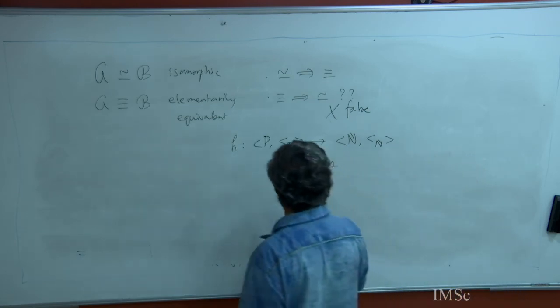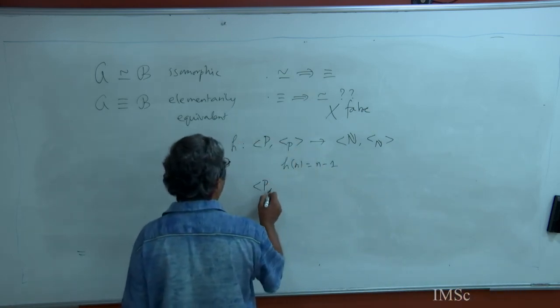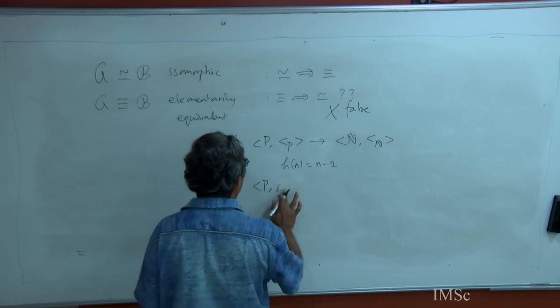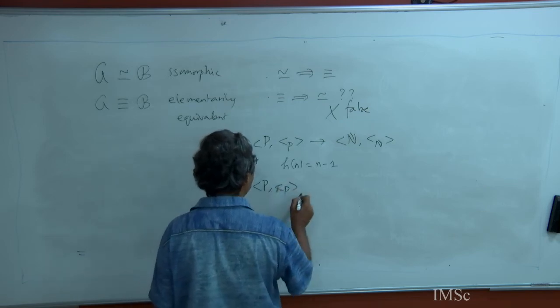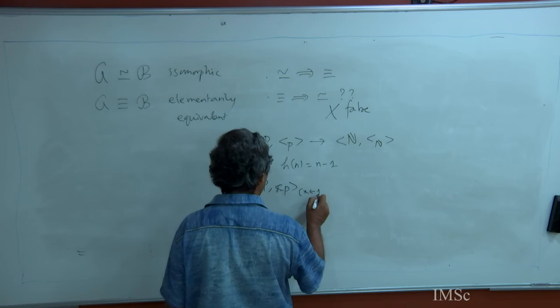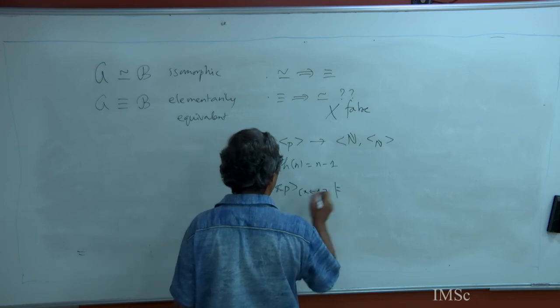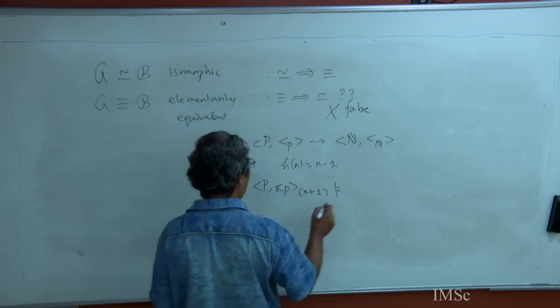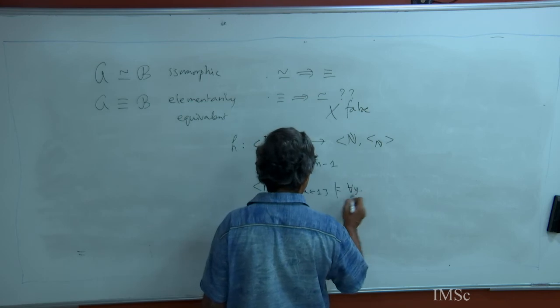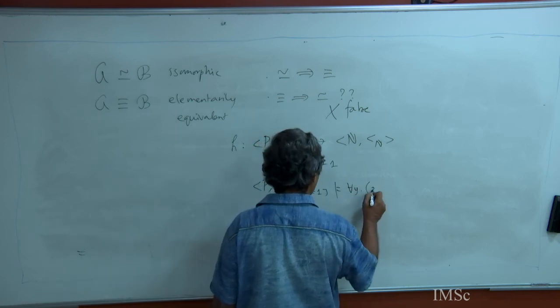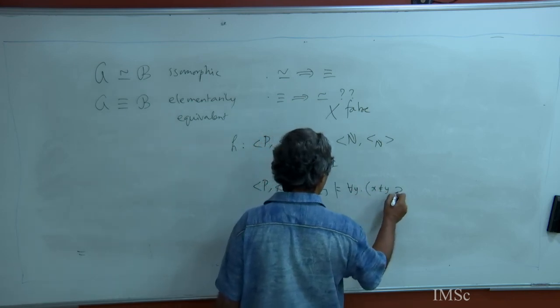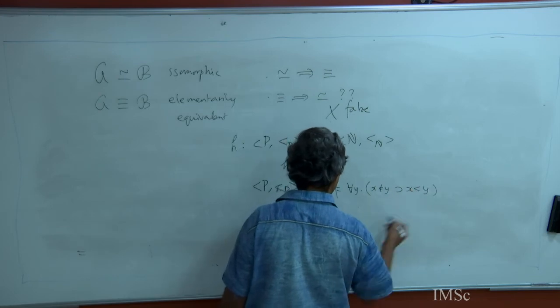For instance, in this case, if I take the positive integers with their ordering and x evaluated to 1, that satisfies: for all y, x not equal to y implies x less than y.